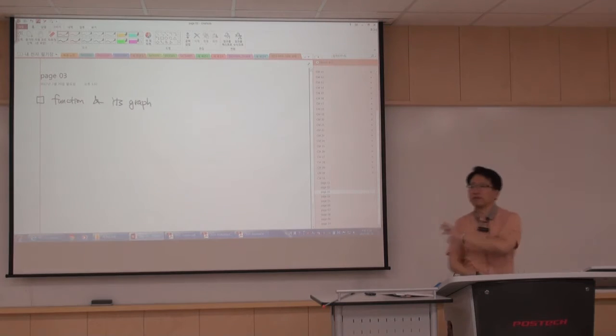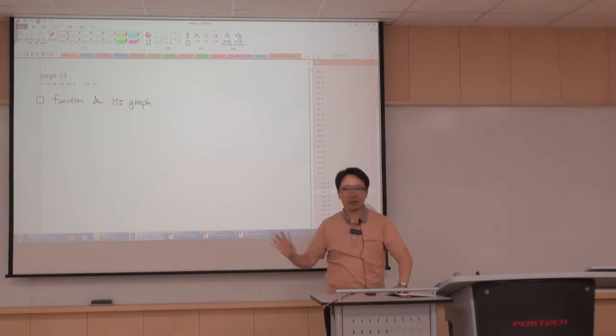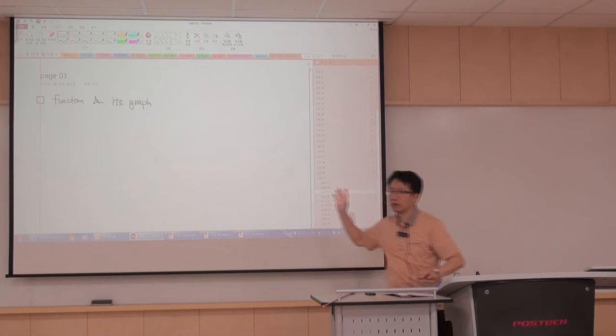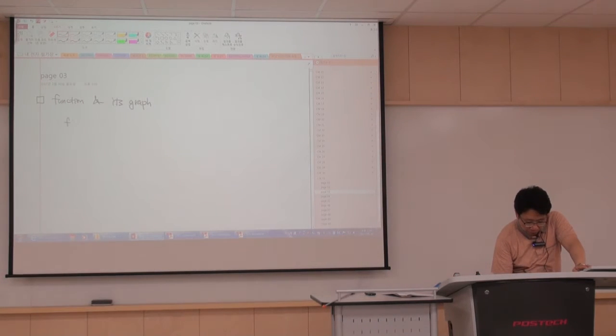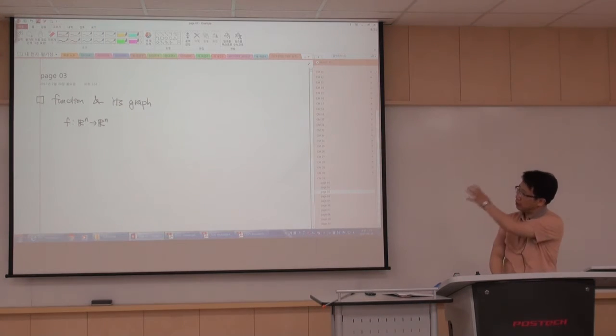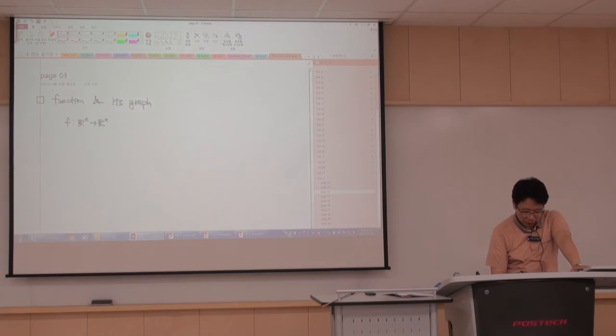By the way, this graph is nothing to do with the graph theoretic graph. Okay? This graph is related to visualization of a function. Suppose you have a function something like this. Okay? Just for simplicity, you may define a smaller set, to R. Okay. Then what is a graph?